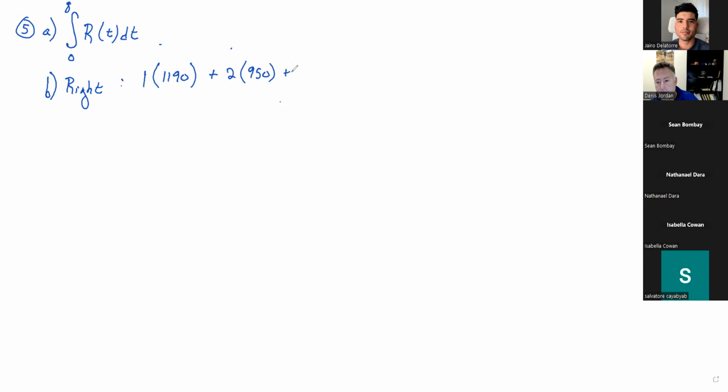And then the rectangle from 3 to 6, the base would be 3, and the function value on the right side would be your 740. And then the last rectangle from 6 to 8, the base is 2, and the function value on the right would be 700.